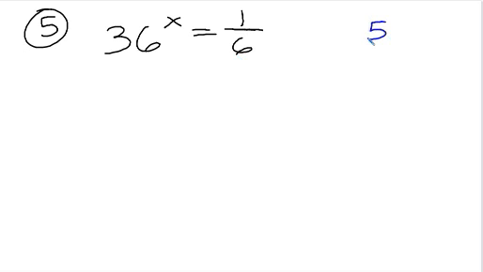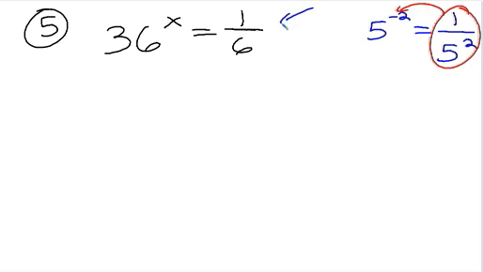If I had 5 to the negative 2, that's the same thing as 1 over 5 squared. Just move it to the bottom. So what we can do is we can take it from this form back to this form. So on this right-hand side, 1/6 is the same thing as 6 to the negative 1 power. And now we're ready to move forward.